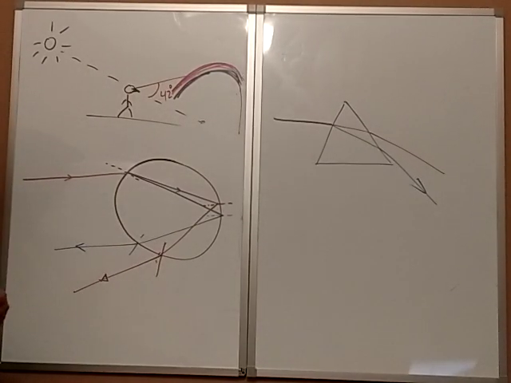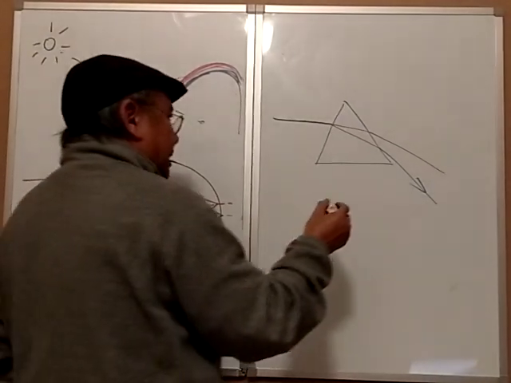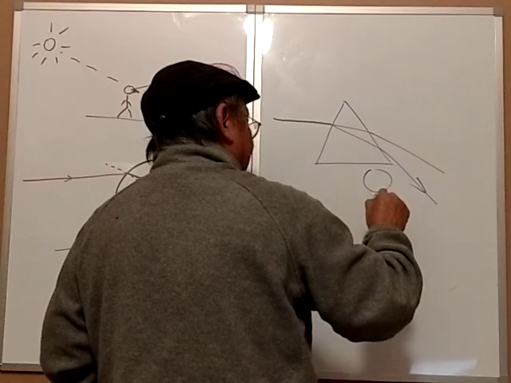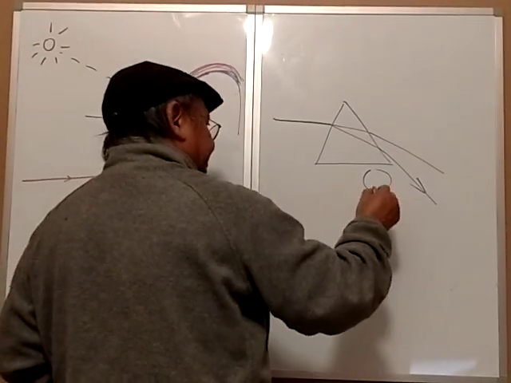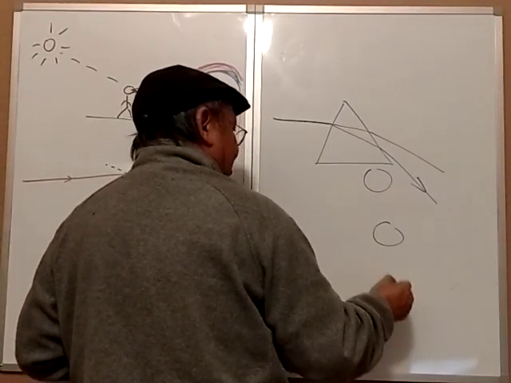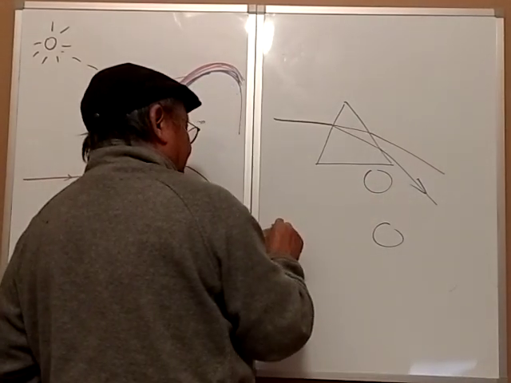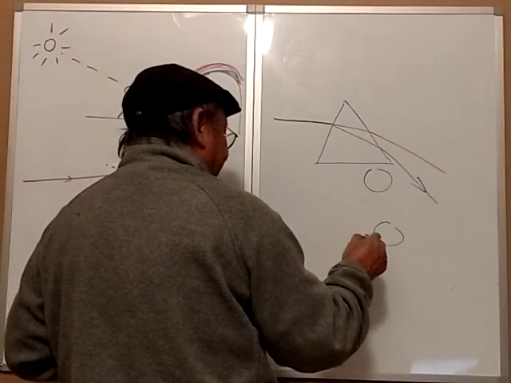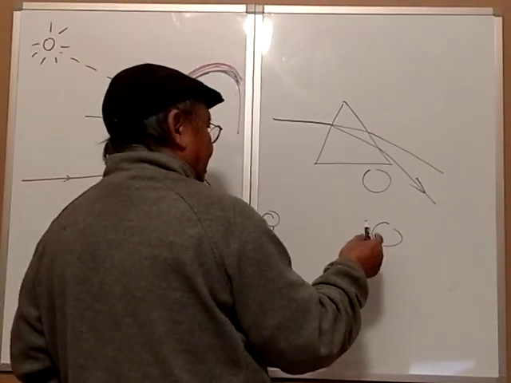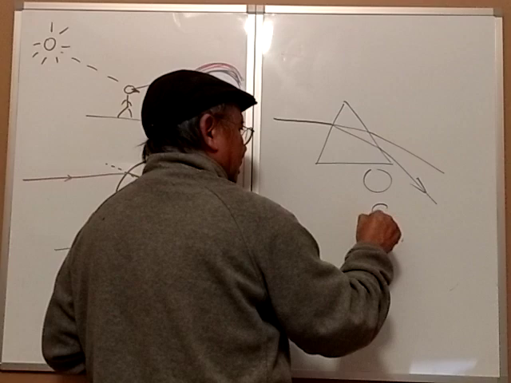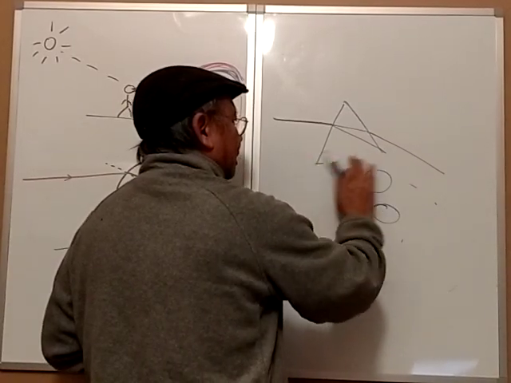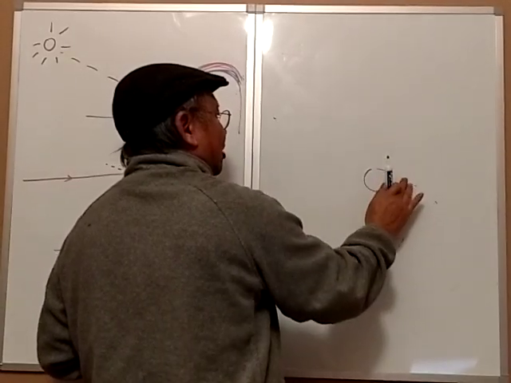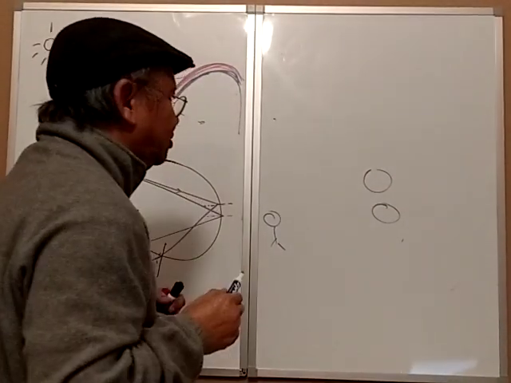So what really happened is, actually, there are many raindrops, and so in this one, let's suppose there are raindrops here, then you are here. Only some of the light rays actually enter your eyeballs, right, that you can see.